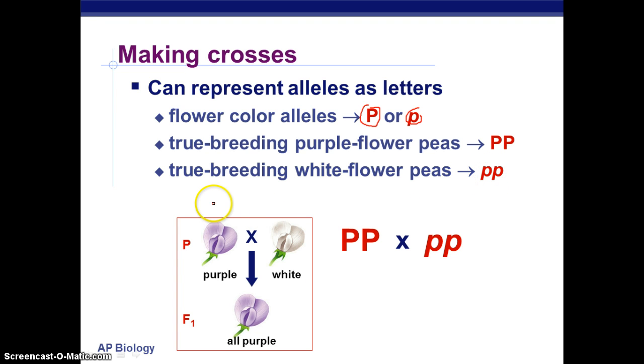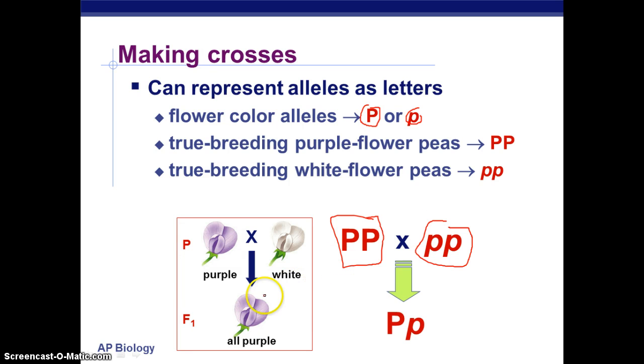Now, in the cross that we looked at on the last page, we crossed a true breeding purple flower with only big P's, and this is the genotype. The genotype is the fact that it has two uppercase, or two dominant, alleles, and we're crossing it with a completely recessive plant that has only recessive alleles. Because of this mating, you get all purple flowers that have one dominant allele and one recessive allele.